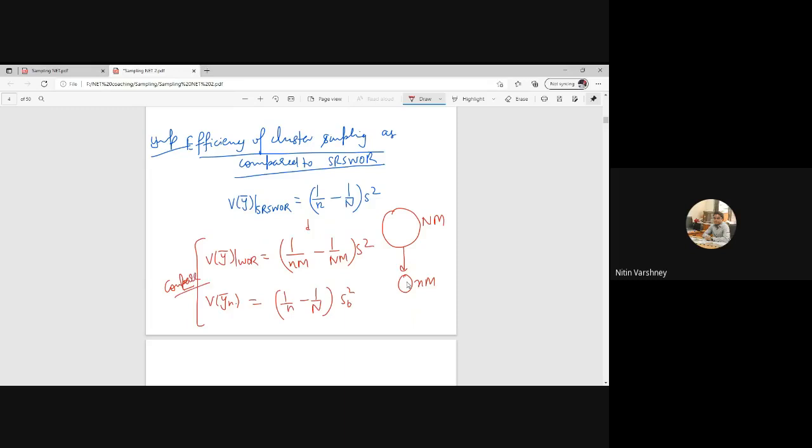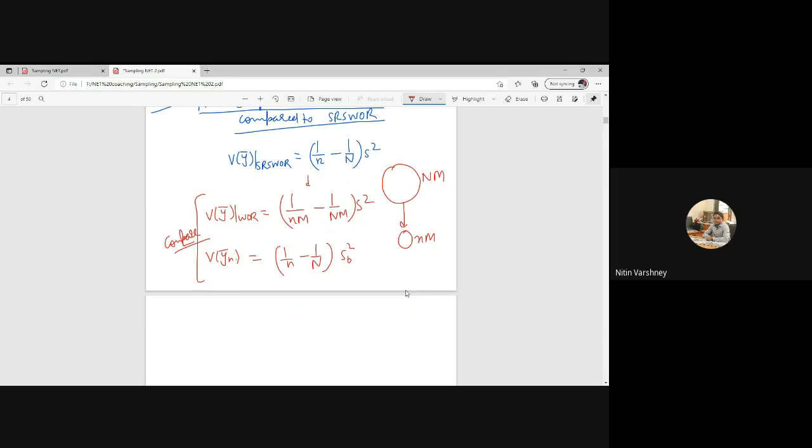Now I want to find the efficiency of cluster sampling. So efficiency of cluster sampling is equal to the variance of y bar n in SRSWOR, where n becomes nm because we are using this nm size, divided by the variance of y bar n dot in case of clusters.